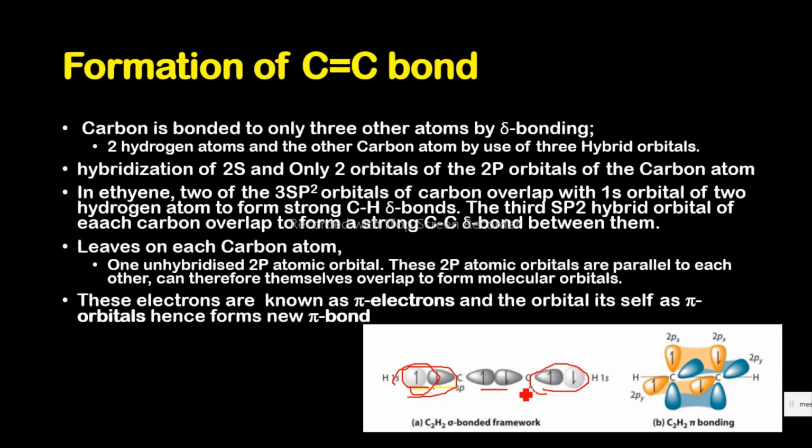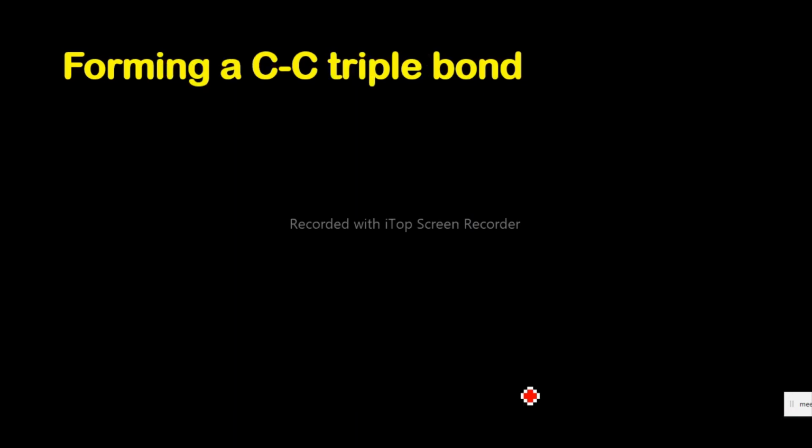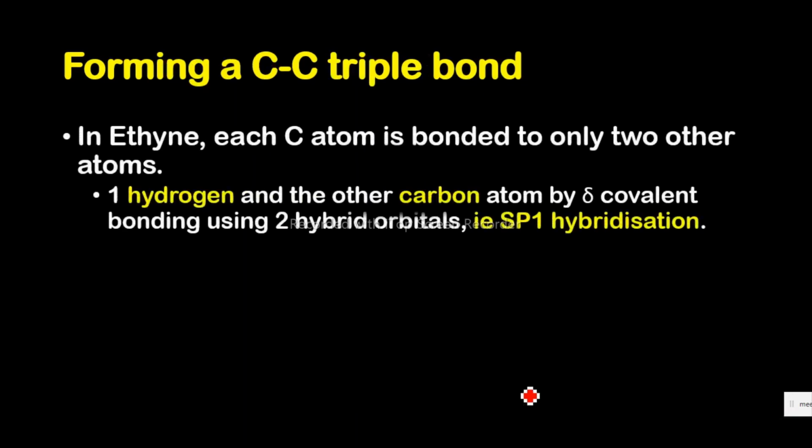Now, let's talk about how a triple bond is going to be formed. It is the same concept. The carbon is going to undergo sp hybridization, where you promote the s into the 2pz. So this one remains with 1, this has 1, this one also has 1, and this one also has 1.